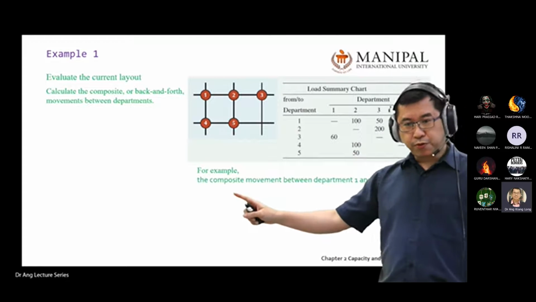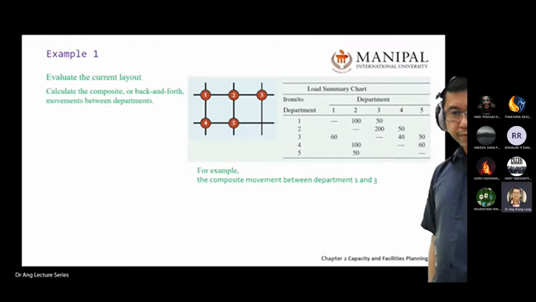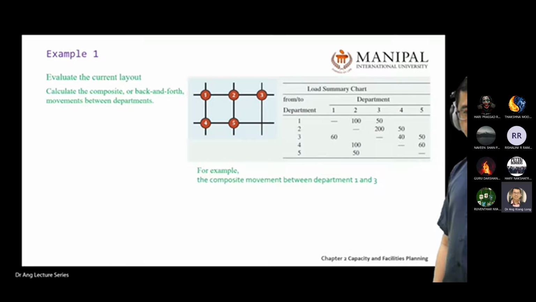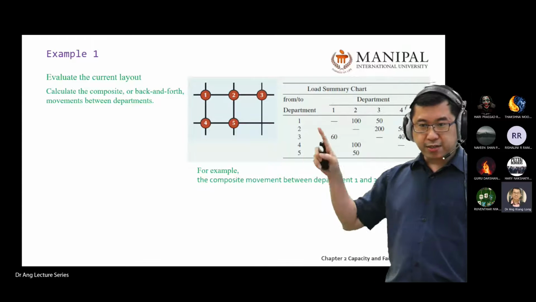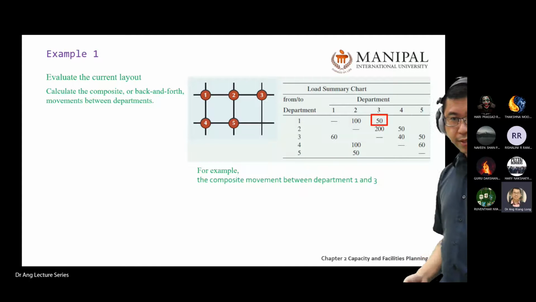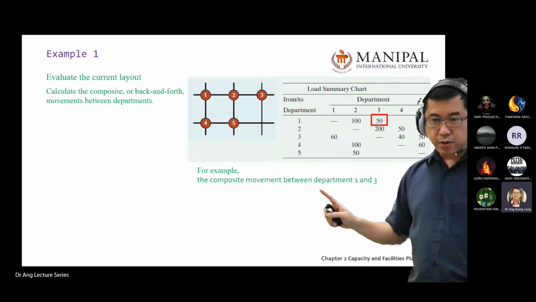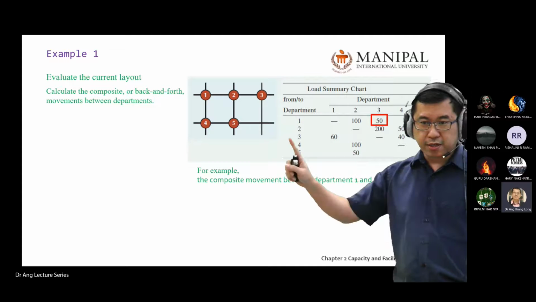For example, we want to find the composite movement between department 1 and 3. What is the total movement you have? You go and look at the axis here. We start with 1. Okay. Between 1 and 3. So where is the numbers?